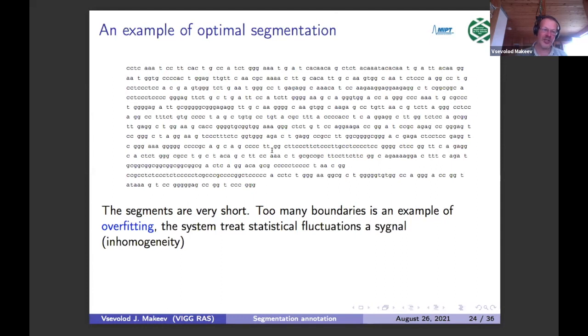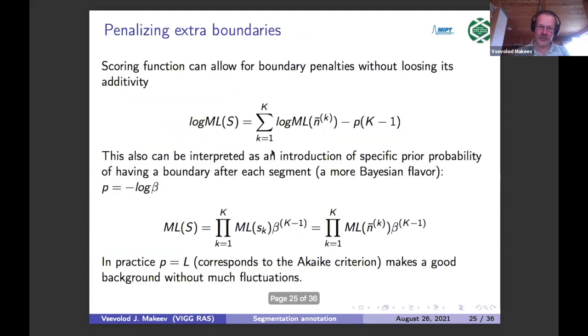Only with data which are very, very structured can you by luck sometimes have a model with fewer parameters approximate them well. But if you introduce this kind of regularization and you select this beta appropriately, you can obtain a pretty good realistic segmentation.